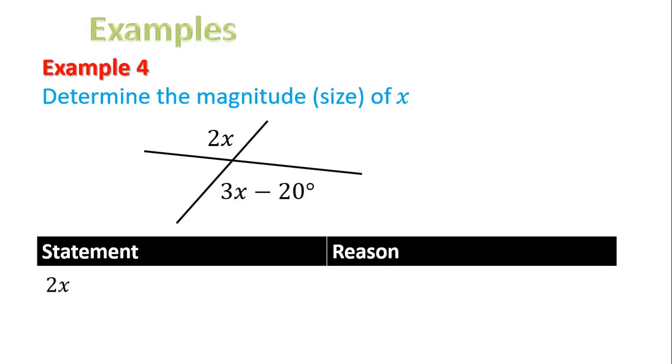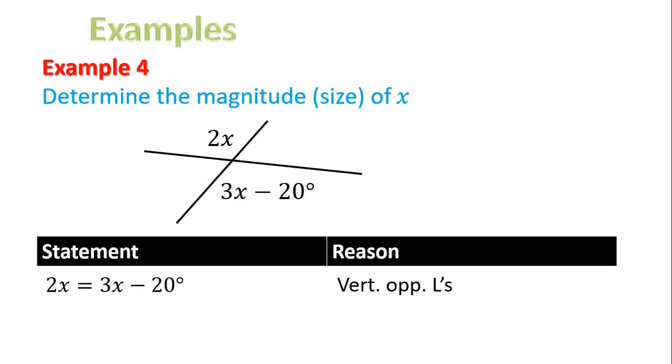And so let's look at our statements. We can say 2x equals 3x minus 20 degrees. How can we say that? Vertically opposite angles. And now we need to solve for x. So we want to get all the x's on the left hand side, and so we subtract 3x from both sides.